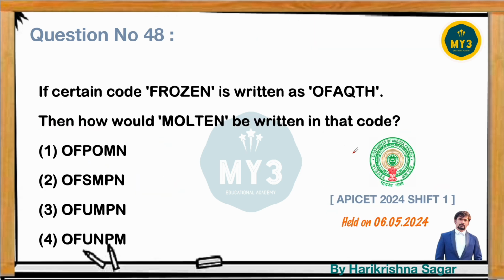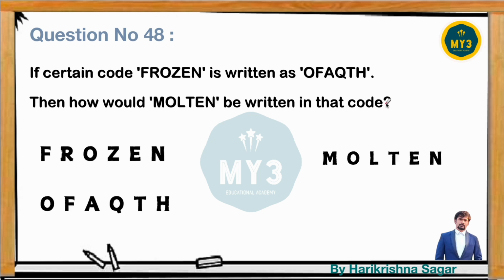Let's look at the next question. In a certain code, frozen is coded like this, then molten is coded as what? What is the logic of this coding? Let's observe. Frozen: F is 6, R is 18, O is 15, Z is 26, E is 5, N is 14.